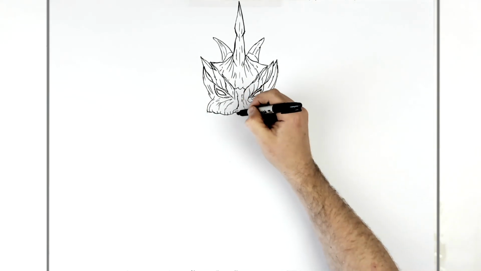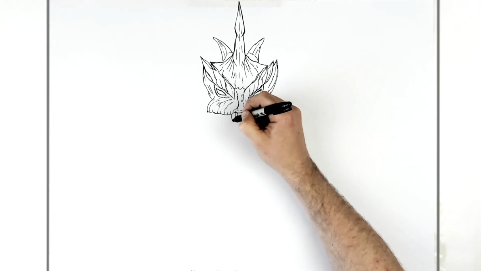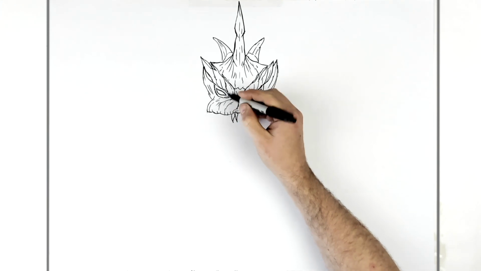Then you add teeth to all this. Just sharp teeth coming down, a whole layer of them.